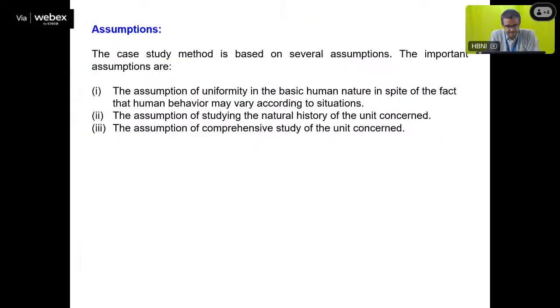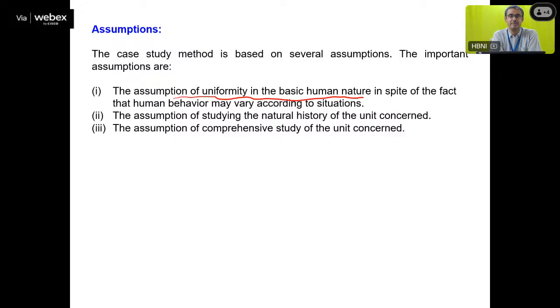But there are assumptions. What are the assumptions? The assumption of uniformity in basic human nature, in spite of the fact that human behavior may vary according to situations. So as we discussed, with time, human behavior is subjected to change, because with time the situation changes.